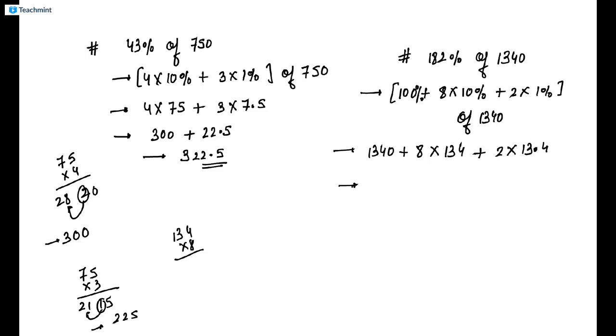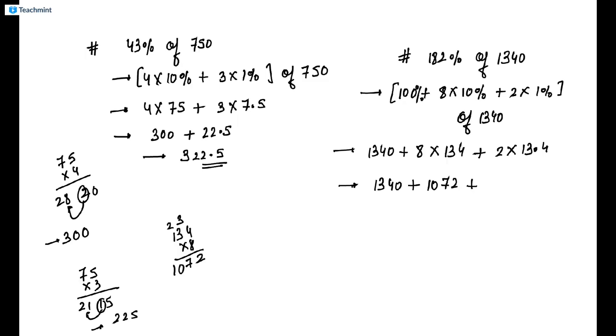Do this table. 4 8s are 32, 2 carrying 3, 3 8s are 24, 24 or 27, 2 carrying. This is 1072. 1340 plus 1072. This, if you see, is 268.